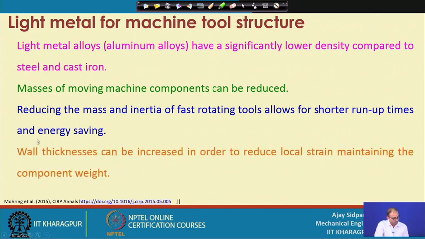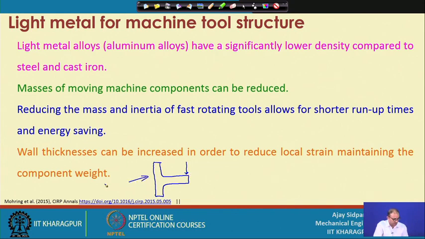Right. And wall thickness can be increased in order to reduce the local strain, maintaining the component weight. Now, how will it be helpful in this case? Consider this is the component, let me draw it again. This is the rib and you consider your force is at this location.